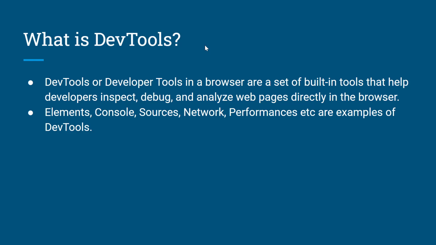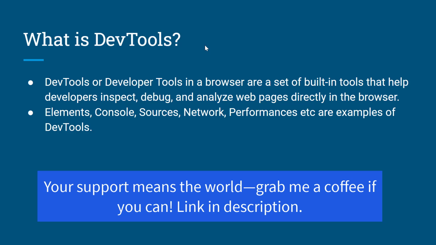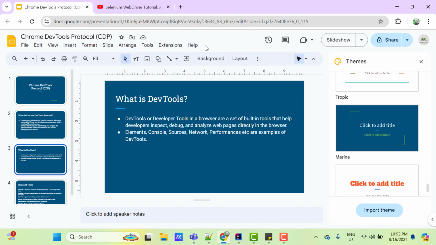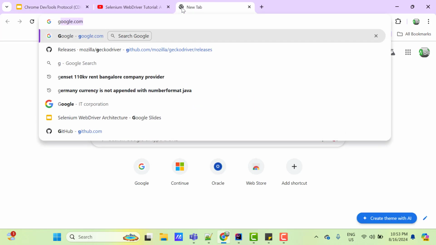The second statement says that elements, console, sources, network, performance, etc. are examples of DevTools. Have we seen these tools in a browser before? Yes, we have. As testers, we have seen and used them as well. Let's refresh our memory. Here I have launched the Chrome browser and I'm going to open a new tab and load Google.